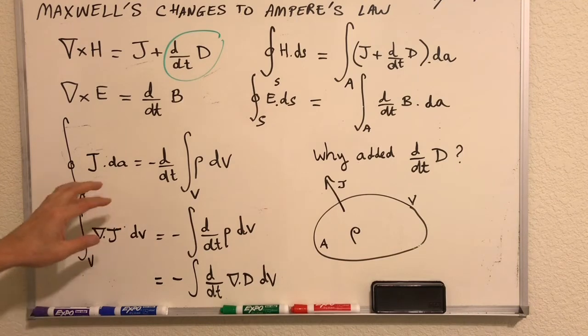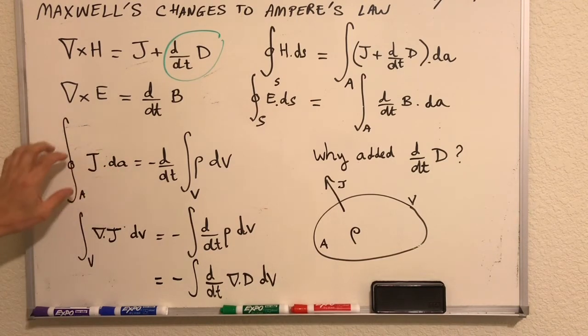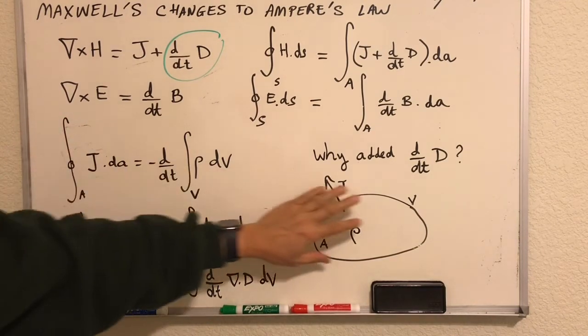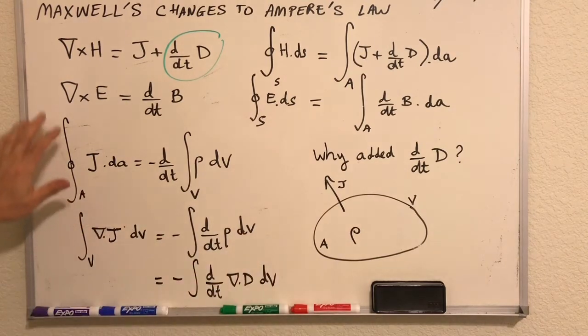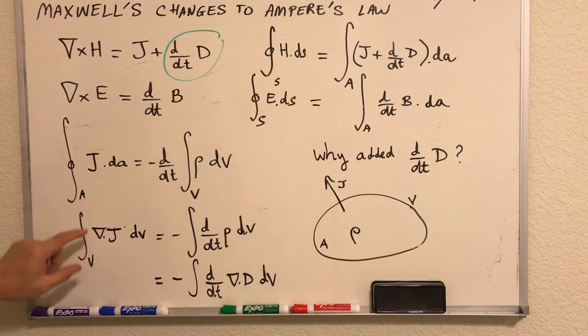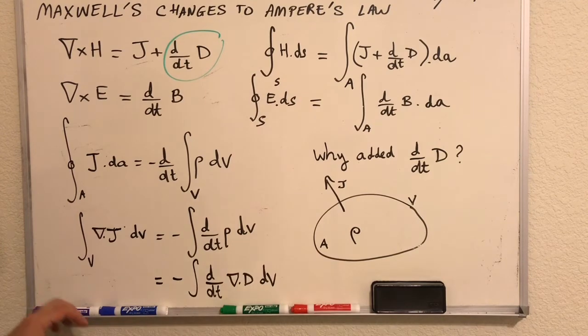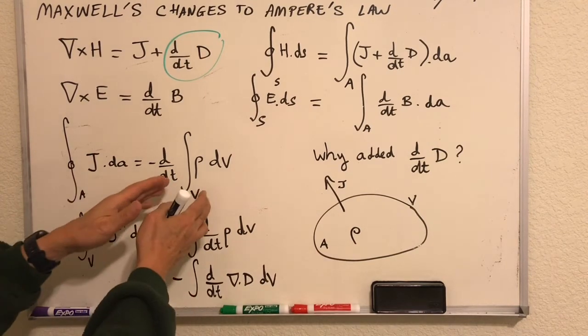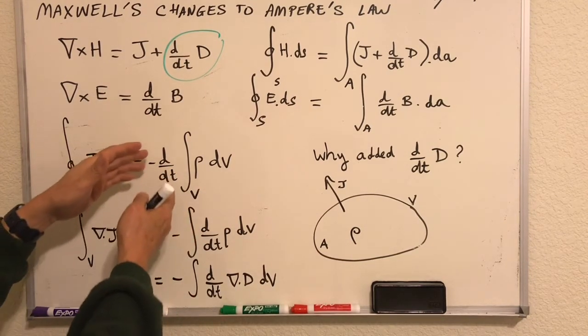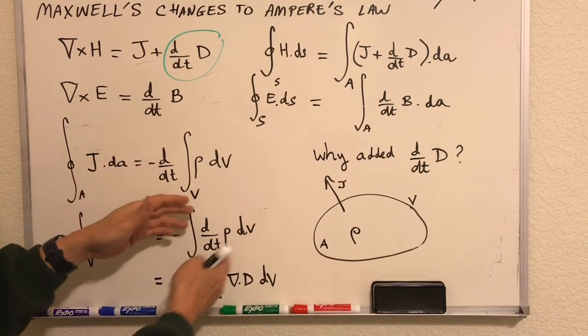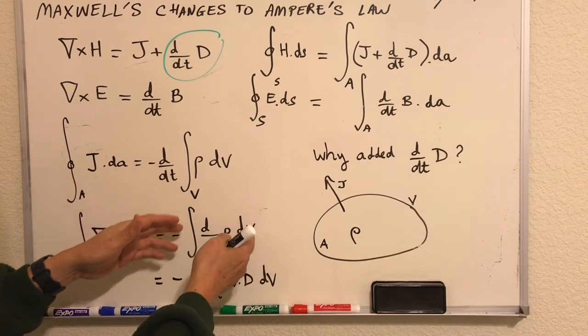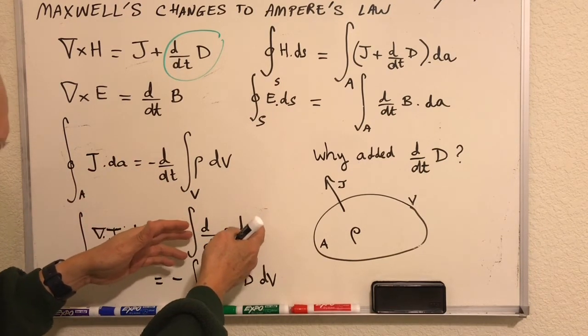Applying the integral theorem, we convert the integration across the whole surface into the volume integration of the divergence of J. Now both sides are integrations with respect to the volume. Since the volume is fixed, we can move the time derivative within the integration over the volume.